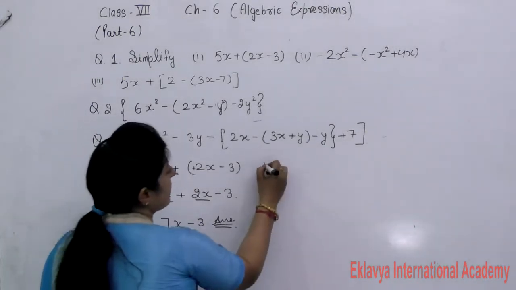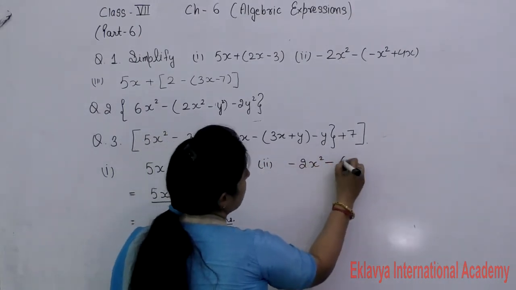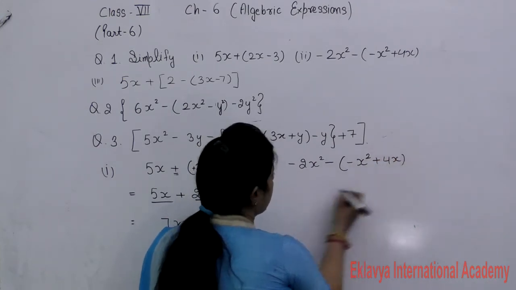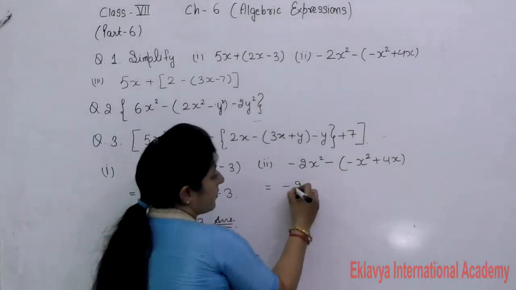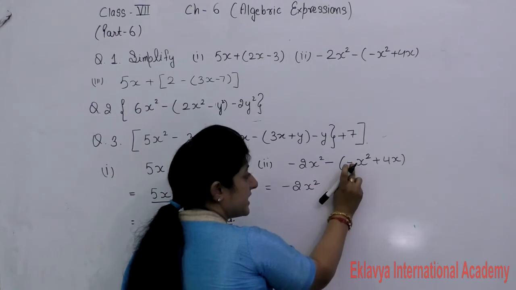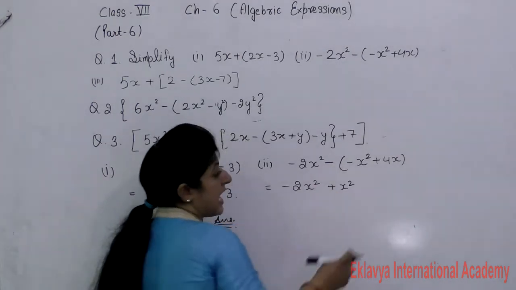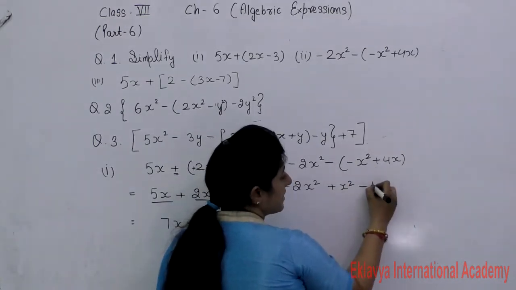Second example. See when you have the negative sign: minus 2x square minus, bracket, x square plus 4x. Negative sign, so solve it as negative. This minus changes into plus, because minus minus is plus, and this positive sign changes into minus, because minus plus is minus.